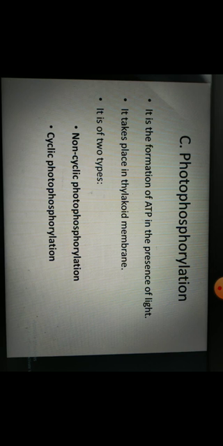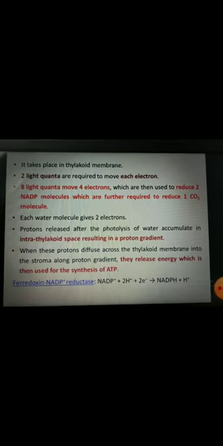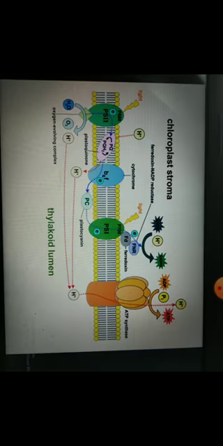In non-cyclic photophosphorylation, the electrons that are released from photosystem 2 do not come back to photosystem 2. Okay, so let's talk about this in detail. First of all, it is non-cyclic photophosphorylation here.